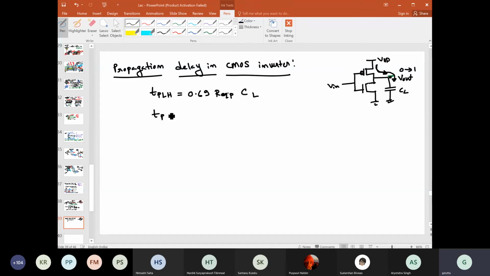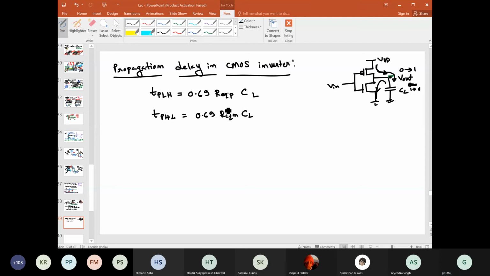Similarly, we can also write TPHL. TPHL means when the capacitor has to discharge, and while discharging it has to discharge through the NMOS. So now it is falling from 1 to 0, so it is high to low. So it will again be 0.69 R equivalent of N into CL, right?